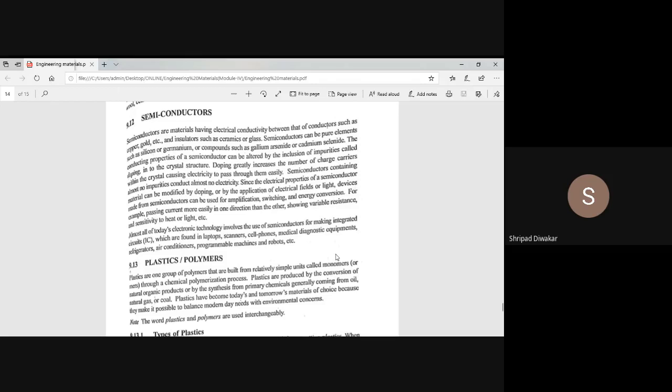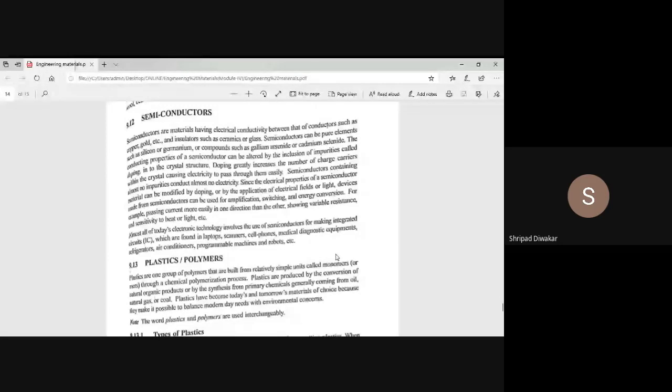So the conducting characteristics lie in between the conductor and insulating materials, along with the doping effect. The main examples of semiconductors are germanium and silicon.